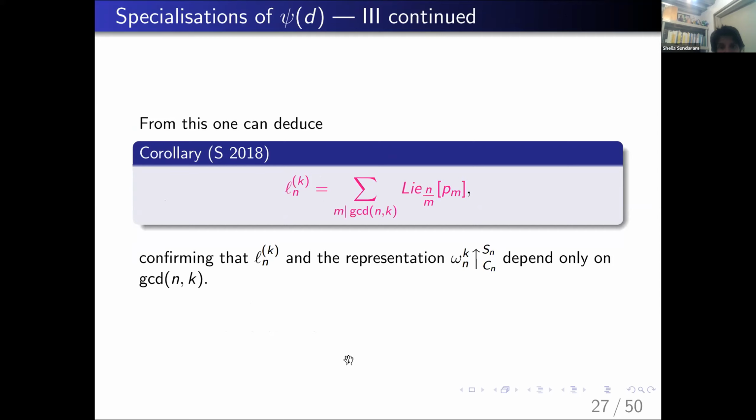From this, you can get a formula like this, which is an example of a formula where now you do not have true modules on the right-hand side. I'm taking the actual Lie representation, n over m, and I'm taking plethysm with pm, right? But the sum is over all divisors of the greatest common divisor of n and k. And it just confirms the fact that these representations depend only on the greatest common divisor of n and k. That's one thing that you get out of those Ramanujan sums.